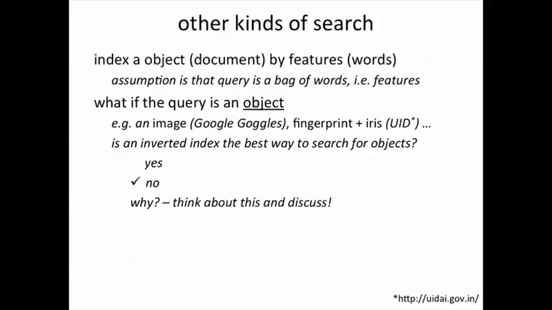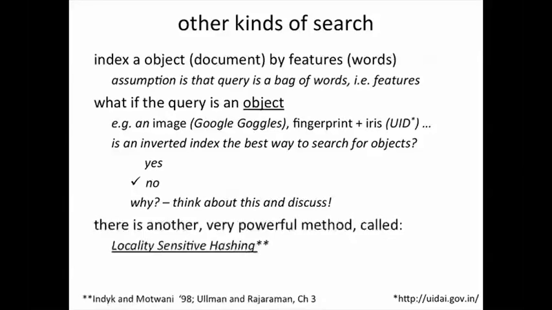But right now we're going to discuss another very powerful method called locality-sensitive hashing, invented by Indyk and Motwani in the late 90s and described in fair detail in the Rajaraman and Ullman book, which is a reference for the course.